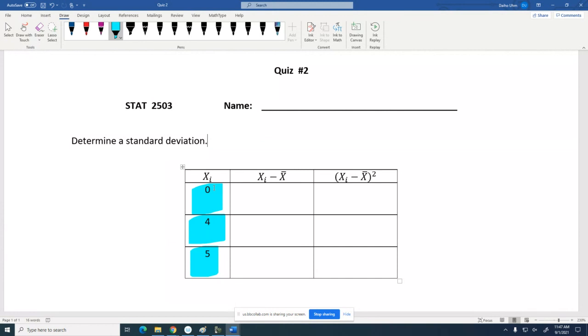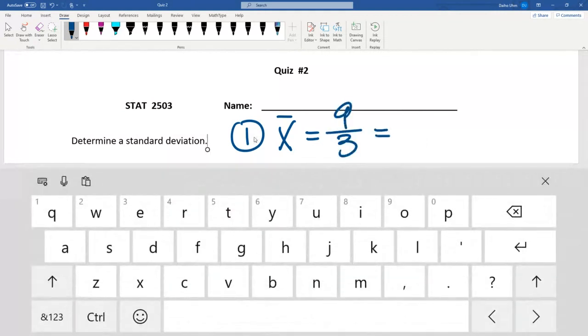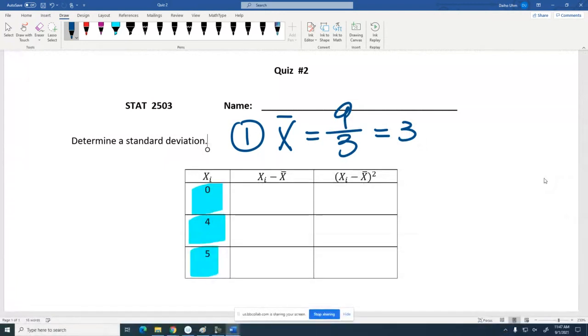What do we have to get in step number 1? Sum over n. Anybody who took the sample mean, please? 3. Thank you. 9 over 3, 3. Then step 2, you have to take the difference. Negative 3, positive 1, positive 2. Am I correct?